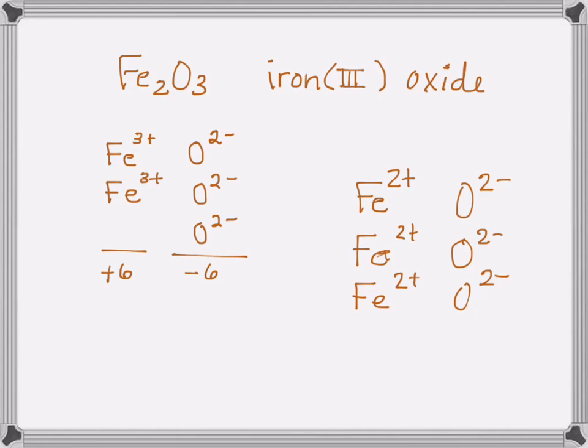Now, this would be charge balanced, right? We've got -6 and +6. But why don't we have Fe3O3? Because it's Fe2O3? Yeah, this is Fe2O3, and this would be Fe3O3, and we would never write it this way because that's not the lowest ratio. It would be FeO. Okay.